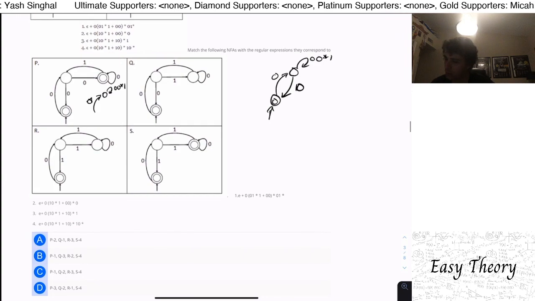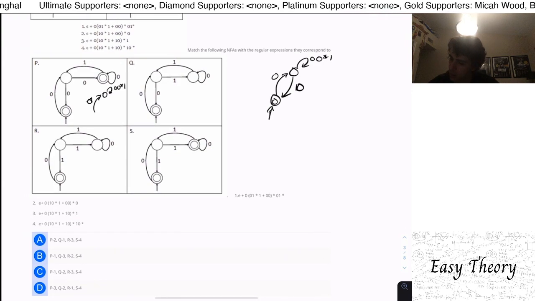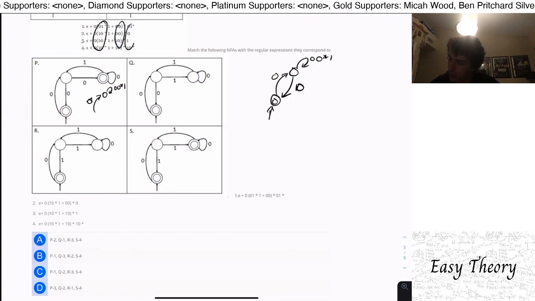There's only a difference here, here, and here.